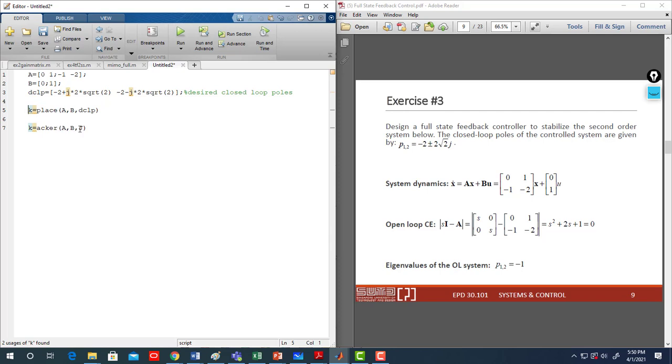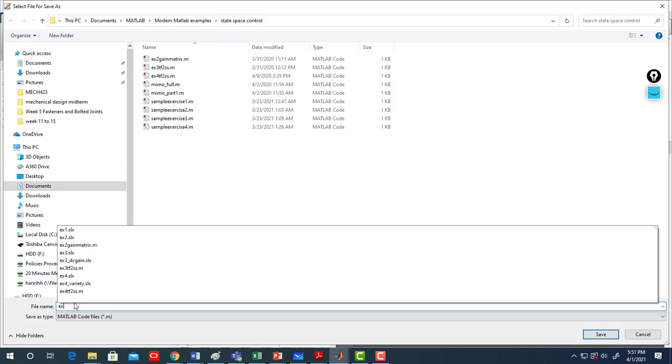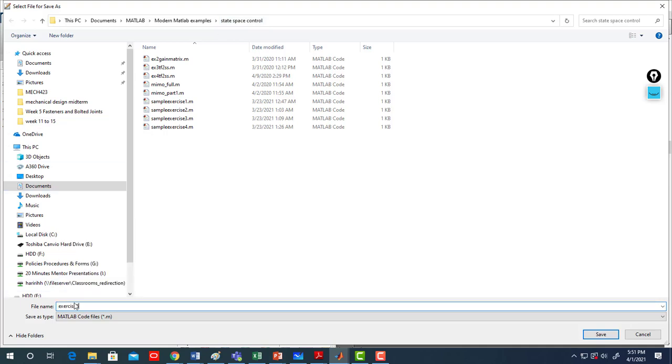So A, B, and here use the desired closed loop poles. Okay, let's use only one of them. Sometimes if one doesn't work, the second will work for sure. Sometimes acker works when this doesn't. Alright, so then this exercise 3, I will save it as exercise 3.